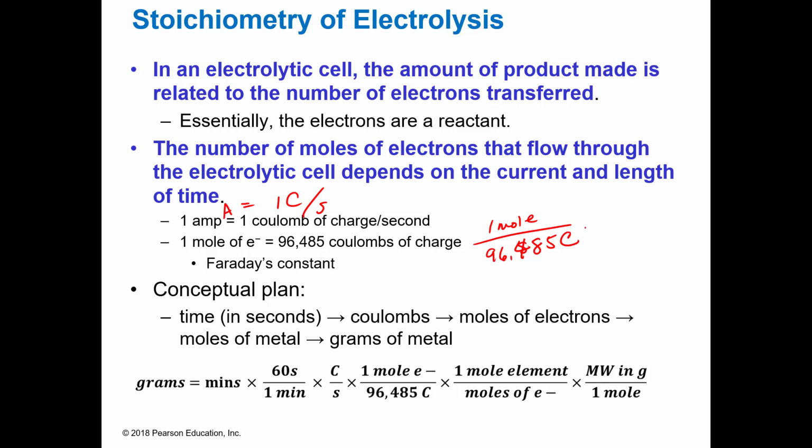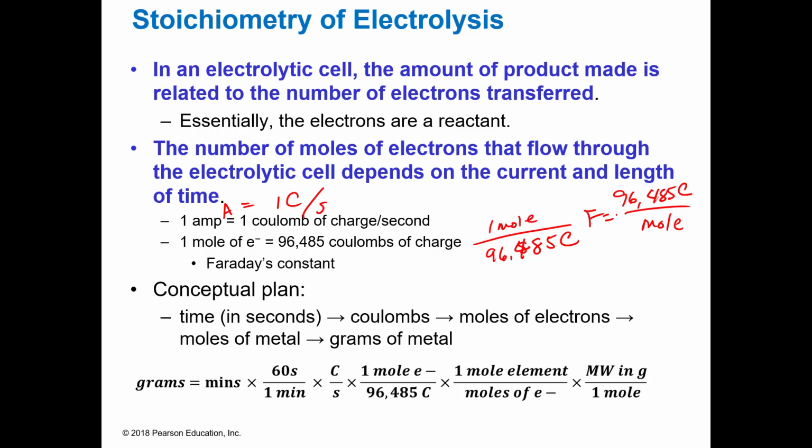Faraday's constant is 96,485 coulombs per mole. If you've had physics, you may have heard of Faraday. He was in there with all the Teslas and all that. He was into electricity and current and all the things that you can do with that.